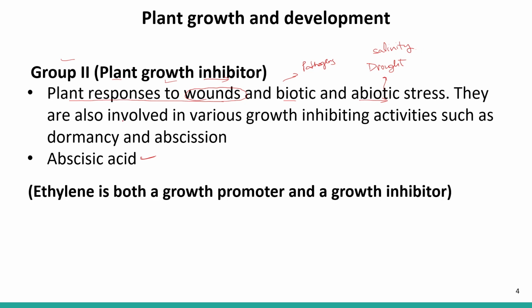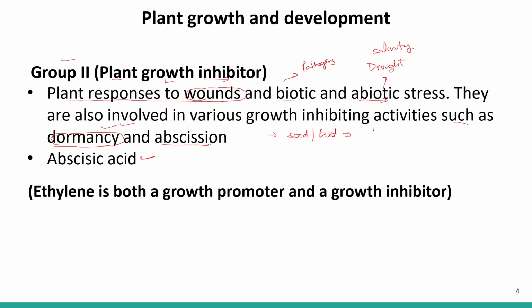So these hormones are also involved in various growth inhibiting activities such as dormancy and abscission. You know these terms, dormancy and abscission. Dormancy is the temporary inhibition of the physical activities of the seed or the bud. There can be seed dormancy or bud dormancy.